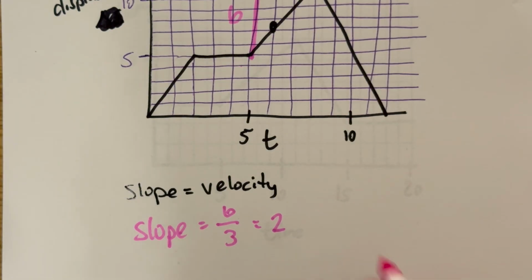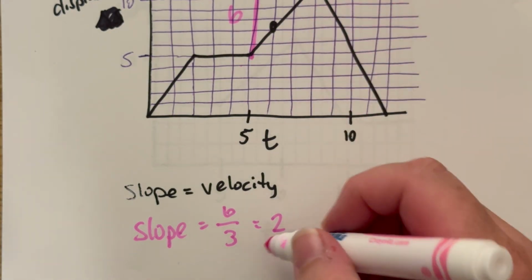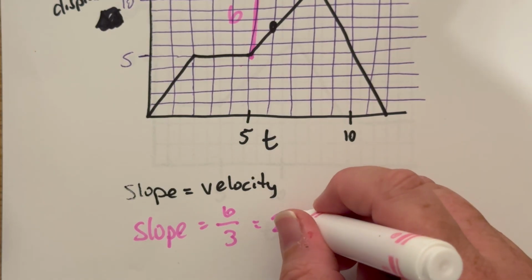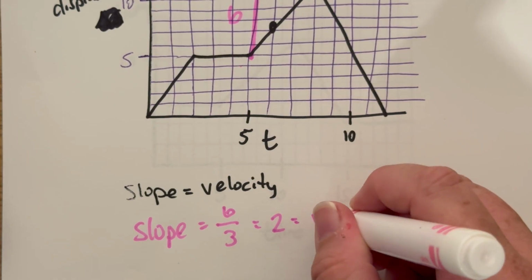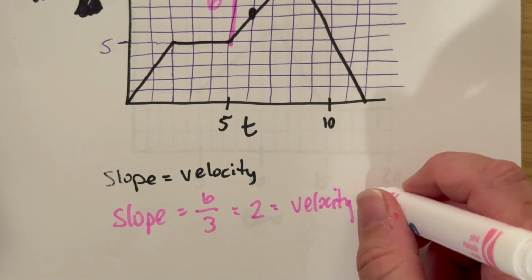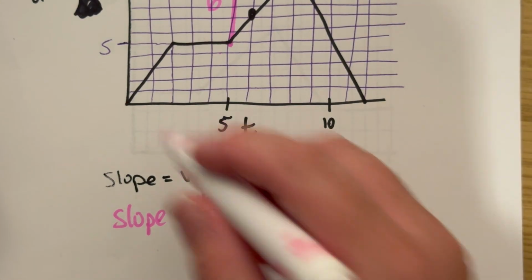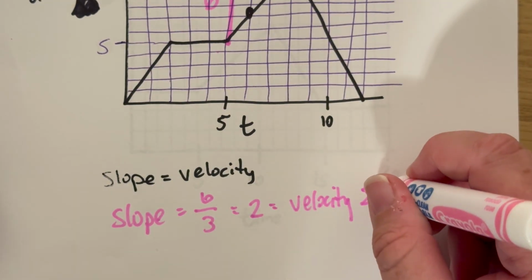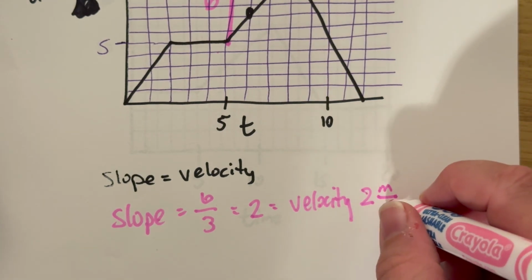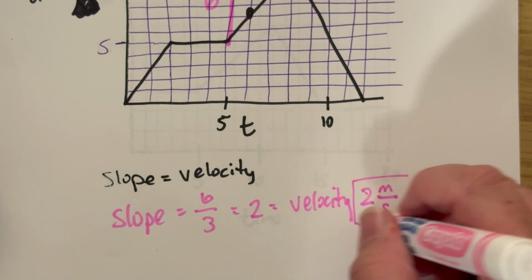And so my slope there is a slope of 2. And that means that my velocity is also 2. And on the rise, it's a displacement in meters, and my time is on the x, so 2 meters per second.